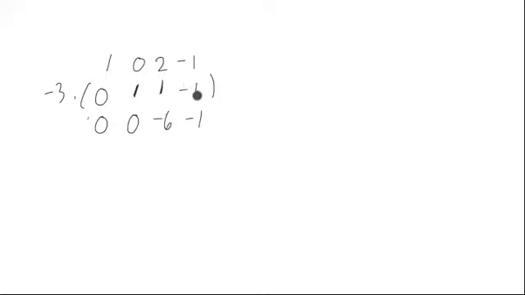This -3 times -1 is just +3, plus a -1 would be a +2. And we have just succeeded in getting the second column looking just like as it should.